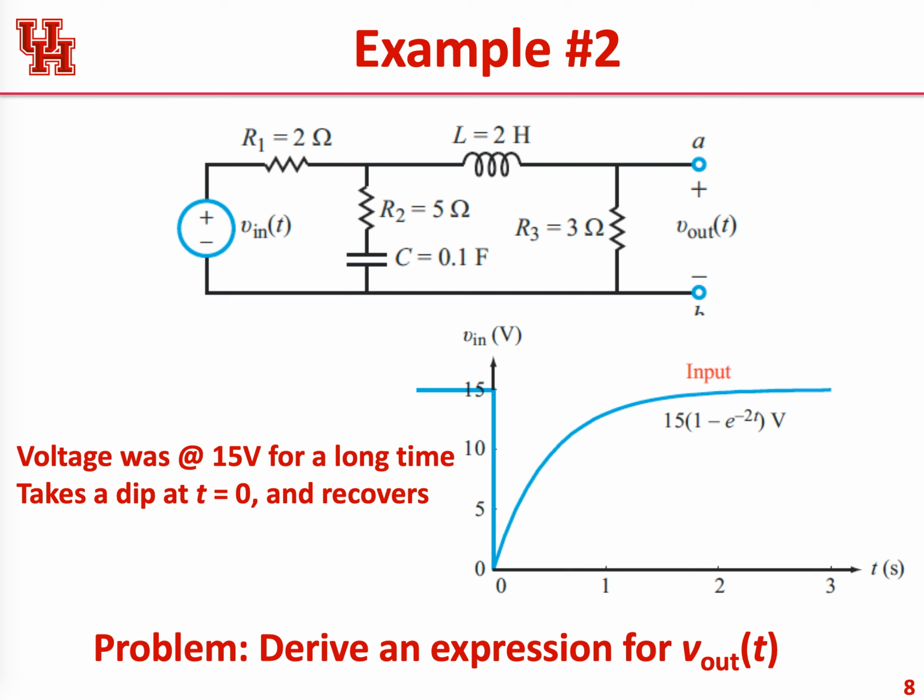So when we are talking about this part, the rising part, which is like 15 times 1 minus e to the minus 2t u(t), obviously, we should have a u(t) there in the slide.